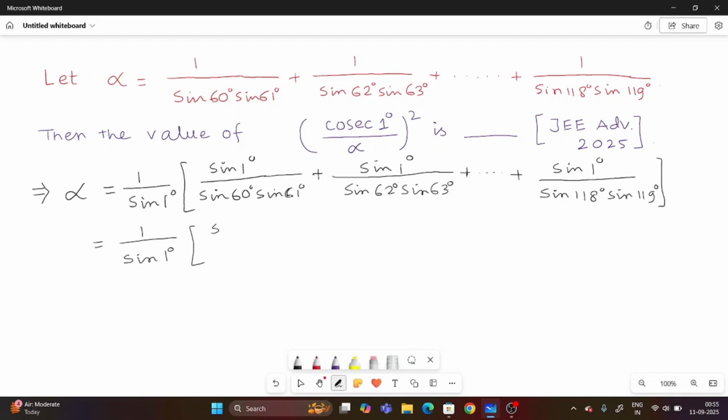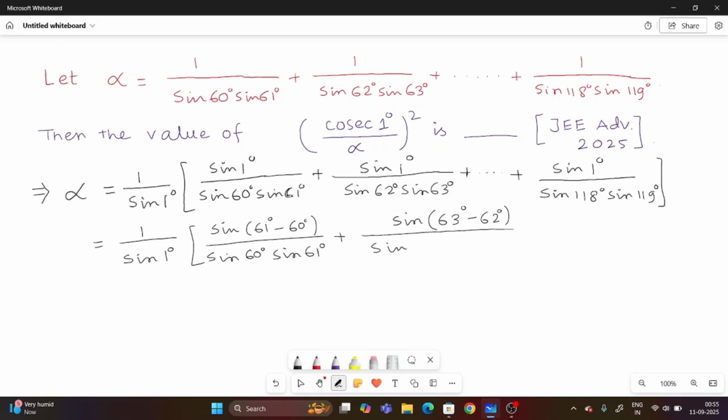So the numerator can be written as sin (61 degree minus 60 degree) divided by the denominator sin 60 into sin 61, plus, in the second case, the numerator can be written as sin (63 minus 62), as there are 62 and 63 degree in the denominator.